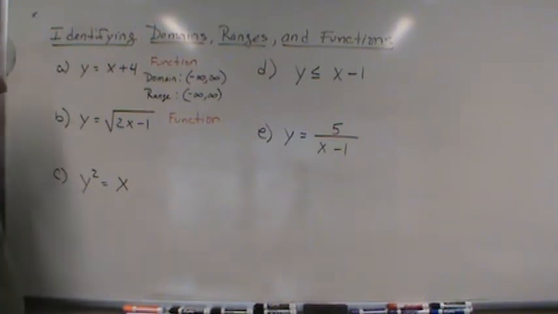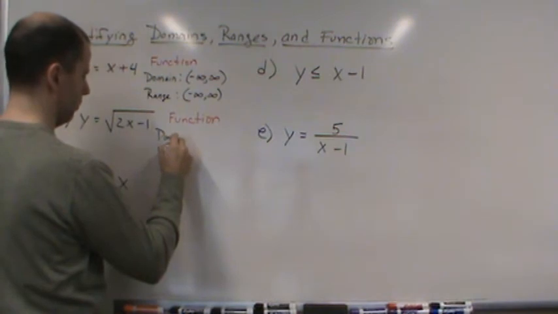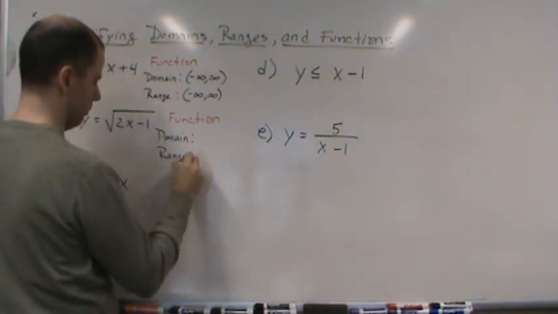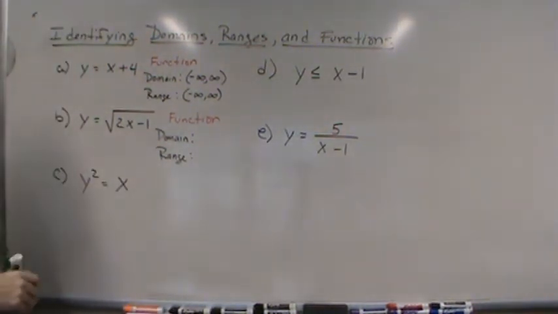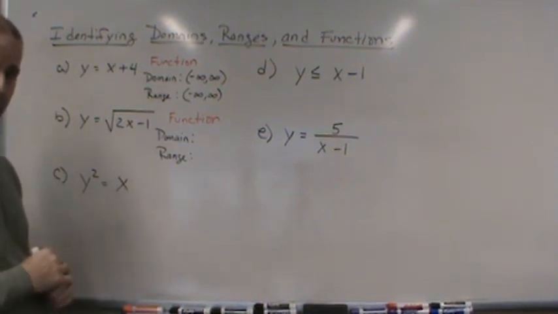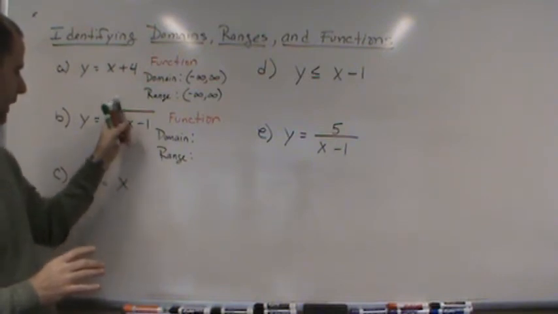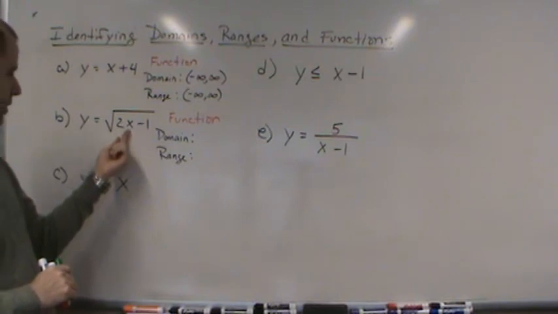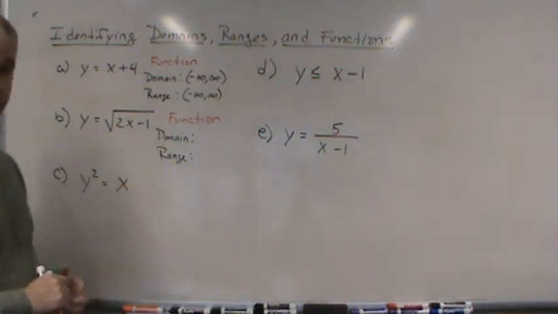Now, domain and range. Let's look at the domain. Remember, the domain is only the real numbers of x that will give us a real number in y. Since we have an even root here, a square root, we can't have any values of x that will make this radicand negative.